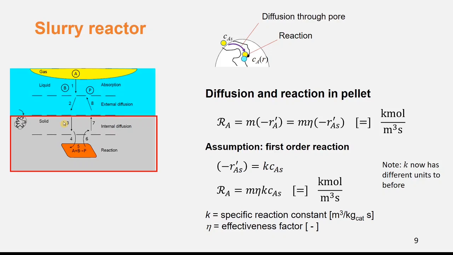Now, steps 3, 4, and 5, internal diffusion, adsorption, and surface reaction, are considered altogether using the effectiveness factor eta.